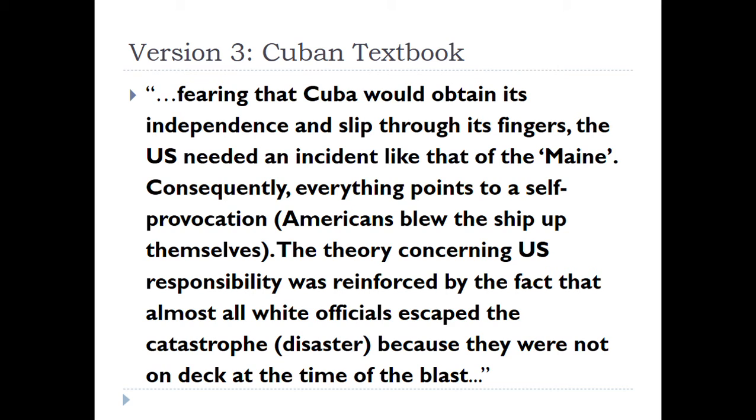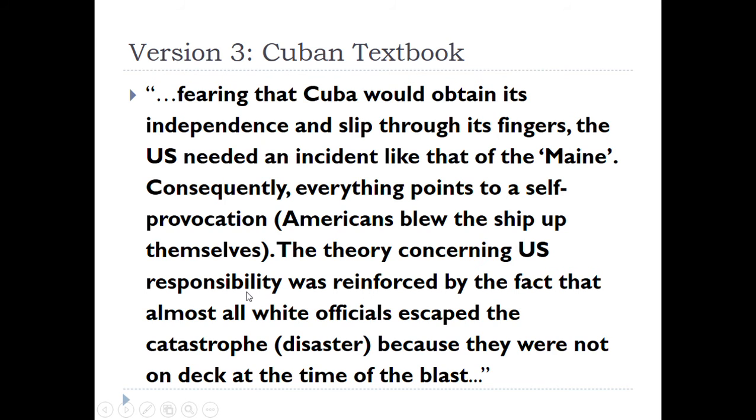What about the Cuban books? The Cubans say, well, Americans were fearing that Cuba would obtain its independence and slip through its fingers. The U.S. needed an incident like that of the Maine. Consequently, everything points to a self-provocation. What they're saying is, Americans blew the ship up themselves. And they have evidence they believe backs it up.